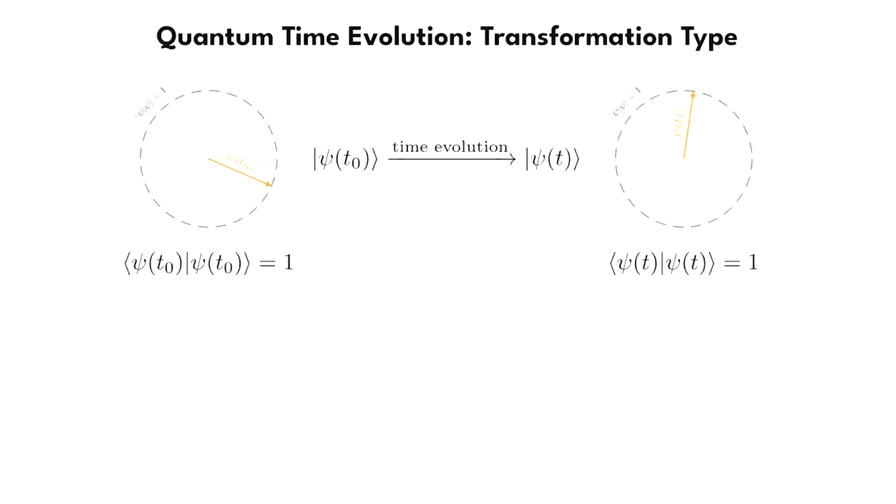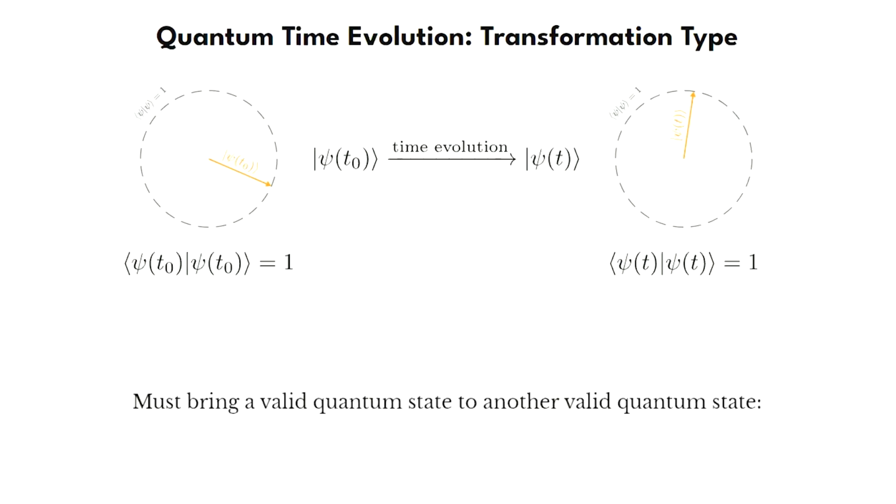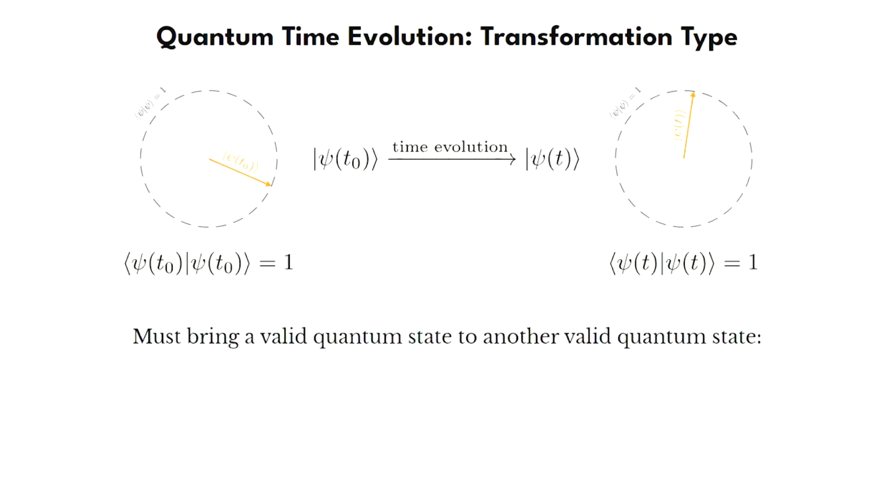Now let's look at how we define the transformations. We know that the transformations must bring a valid quantum state to another valid quantum state. By a valid quantum state, I mean something like the state must be normalized. So this has to be true no matter the value of t.